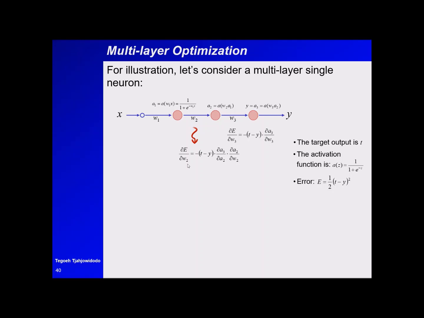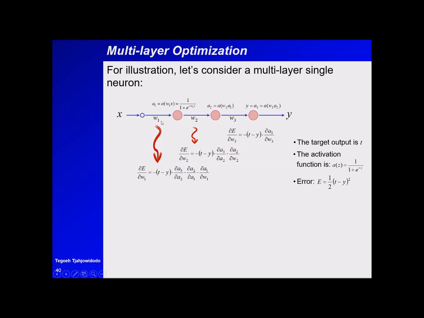Moving to W1, it's the same like before. We know that the error here, which is a function of y, basically is A3, A3 appears as a function of A2, A2 is a function of A1, and A1 is a function of W1.